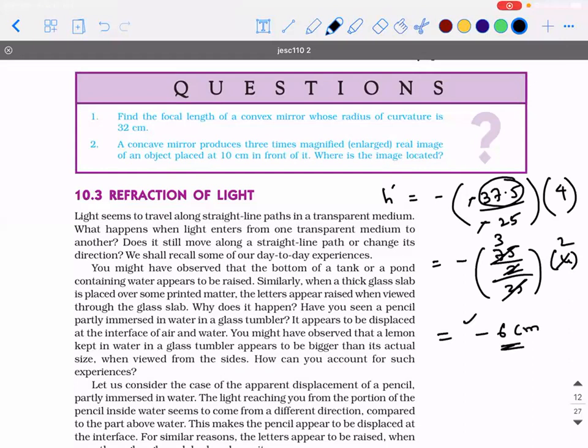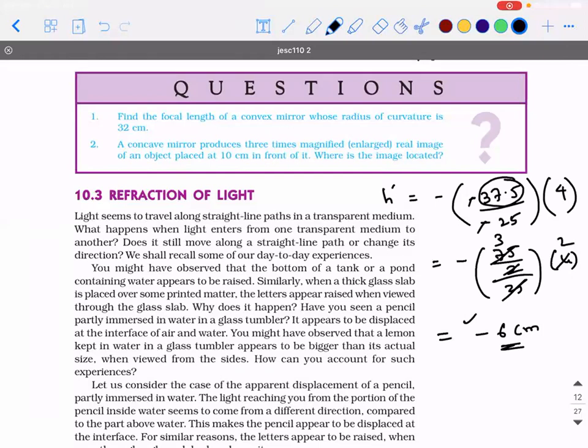Here the minus sign indicates that the image is inverted, and we know the fact that real images are always inverted. And what about the size of the image? Size of the image is 6. Enlarged. So it is enlarged. And that's what happens when the image is formed beyond C: the image is real, inverted, and enlarged.